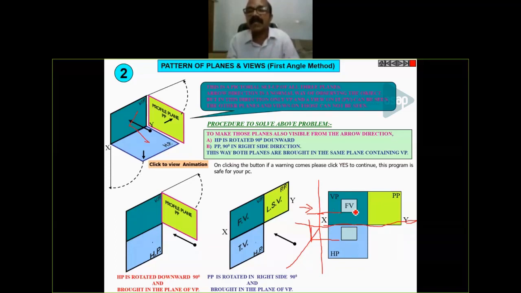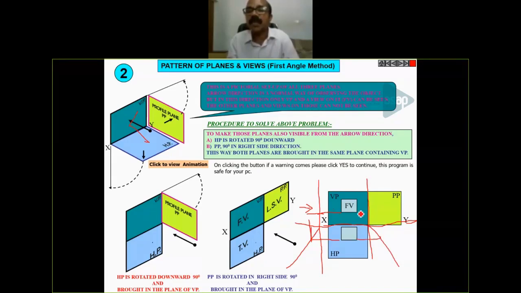Similarly, for drawing the left side view, we are looking in this direction, so you have to consider a right profile plane. This is a right profile plane. From the meeting point of the right profile plane and the XY line, draw a 45-degree inclined line, and from the plan point, draw a horizontal line and vertical line. Similarly, from the elevation point, draw a horizontal line, and the meeting point will be the required point.